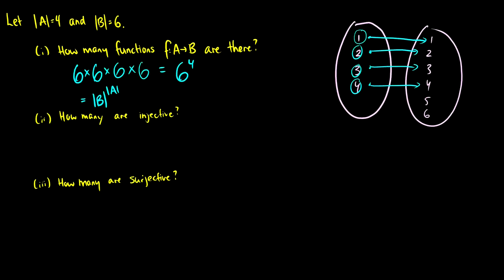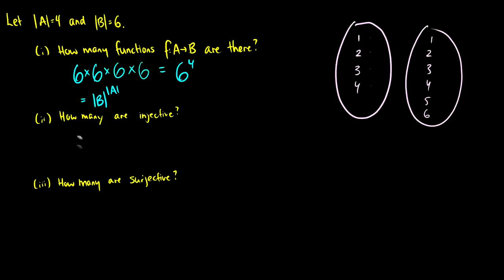So here's the question, how many are injective? Well, this is pretty similar to what we just did. All 4 of our things have to map to something. So what we do here is we take our 4 elements and we have to map to 4 of these in the codomain. And there's 6 total.